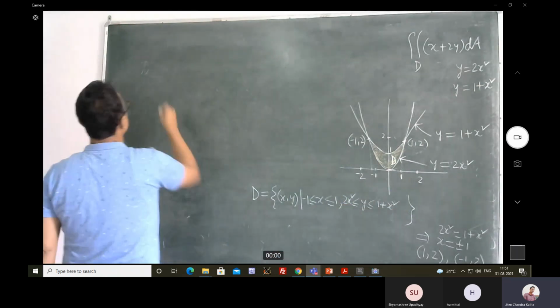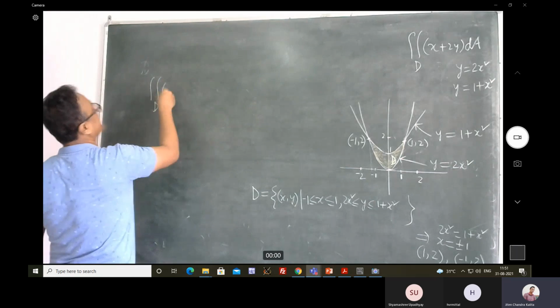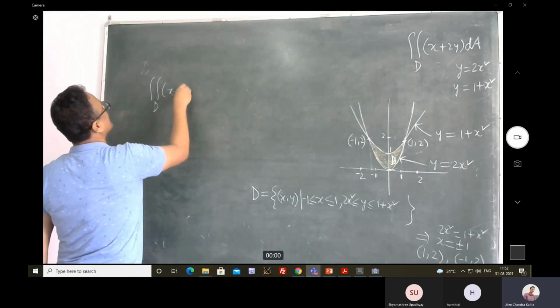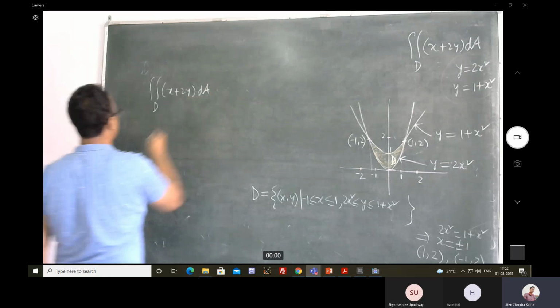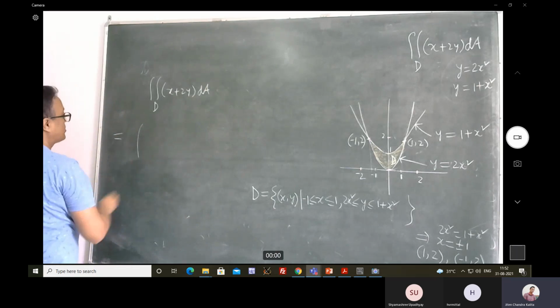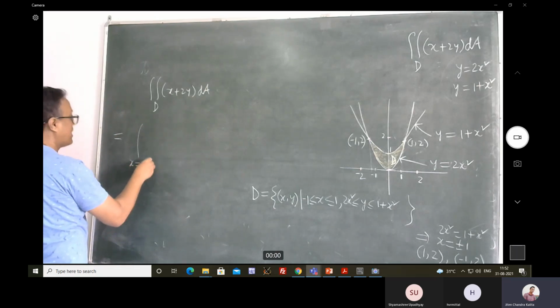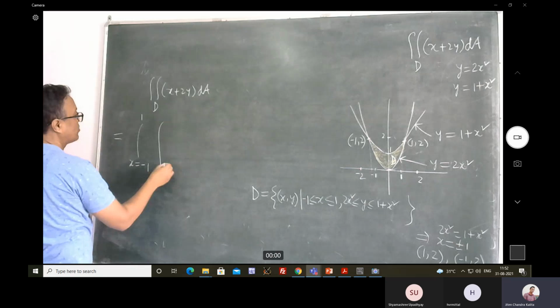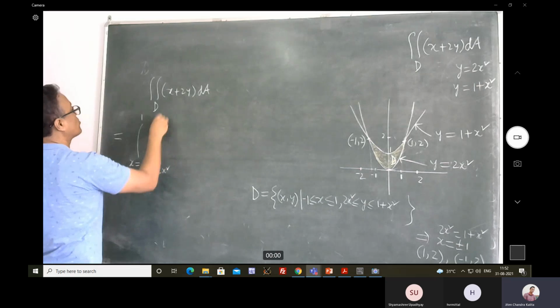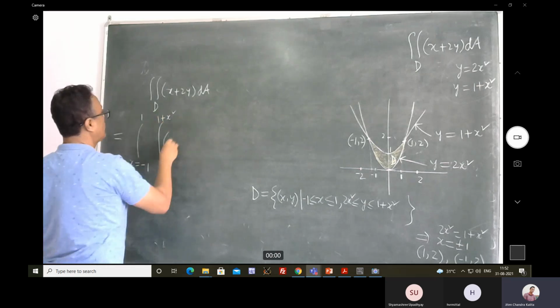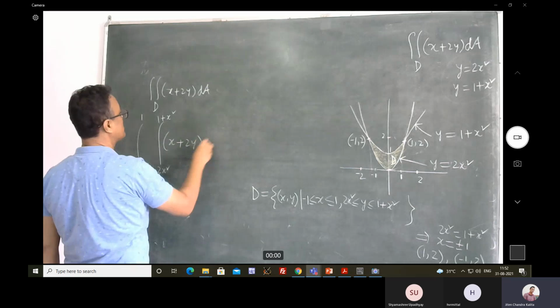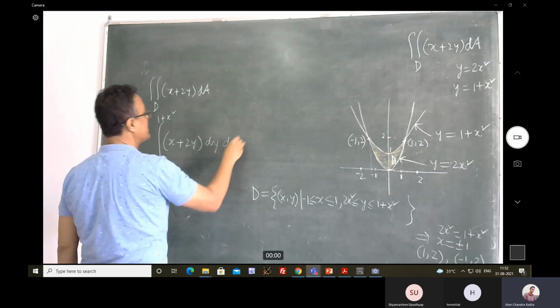Now it all boils down to the integral of x plus 2y dA. I'm going to write it as x from minus 1 to 1, then y goes from 2x squared to 1 plus x squared. Obviously, my first integration is going to be with respect to y.